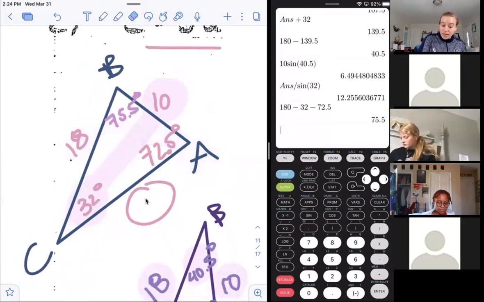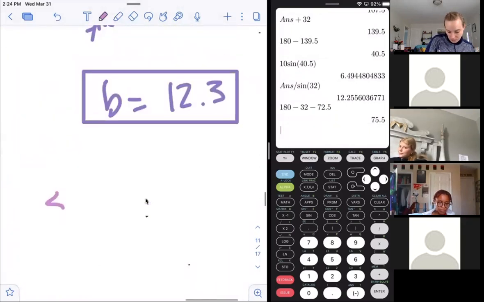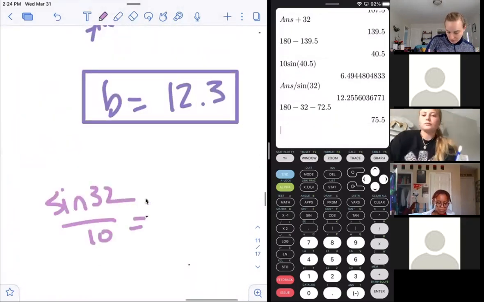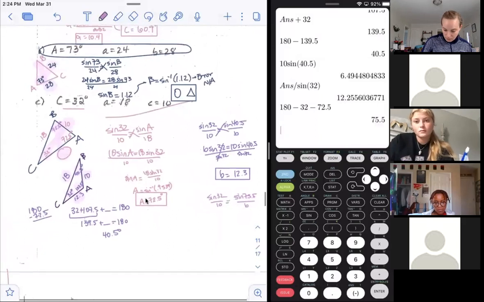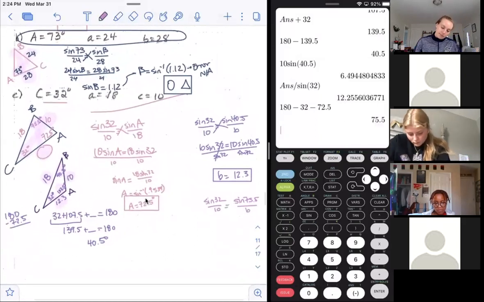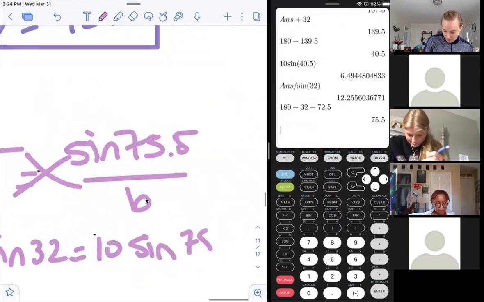And then I'm going to do another law of sines to find little b. So I'm going to do sine of 32 over 10 equals sine of 75.5 over b. I'm going to zoom in to solve that. b sine of 32 equals 10 sine of 75.5.